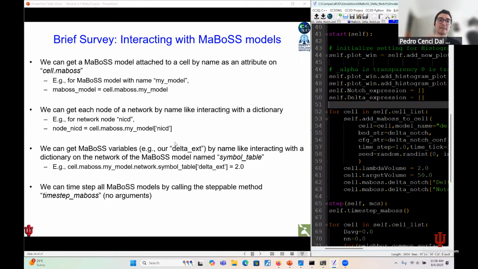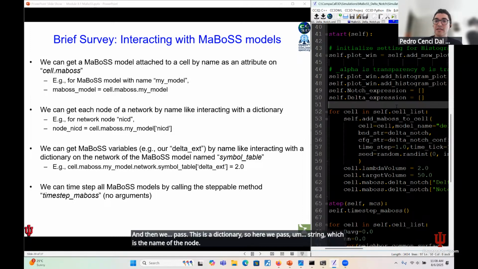And then we can get a node of this model by using these square brackets and giving the name of the node. So for example, to get node NICD, we call cell.maboss dot the name of the network, and then we pass, this is a dictionary, so here we pass a string, which is the name of the node.